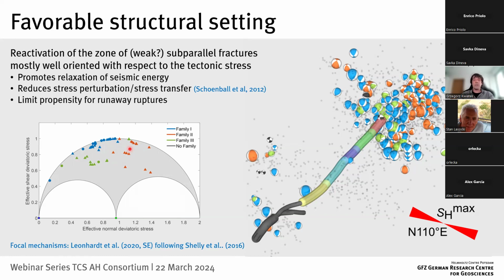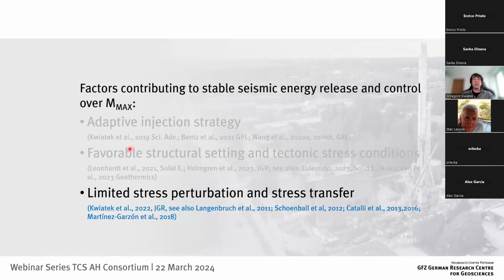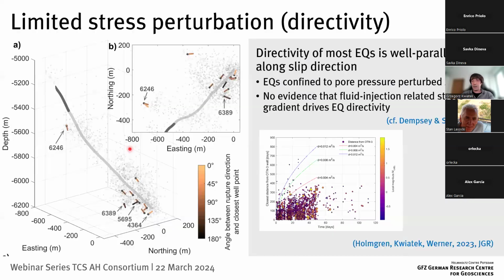Such a structural inventory promotes dissipation of hydraulic energy on small fractures, which likely inhibits the stress transfer or stress perturbation, as proposed by Schönball in 2012 and by Schultz already, and finally limits the propensity for runaway ruptures.